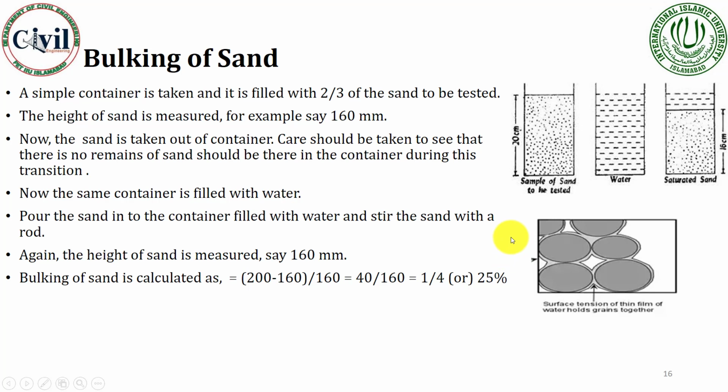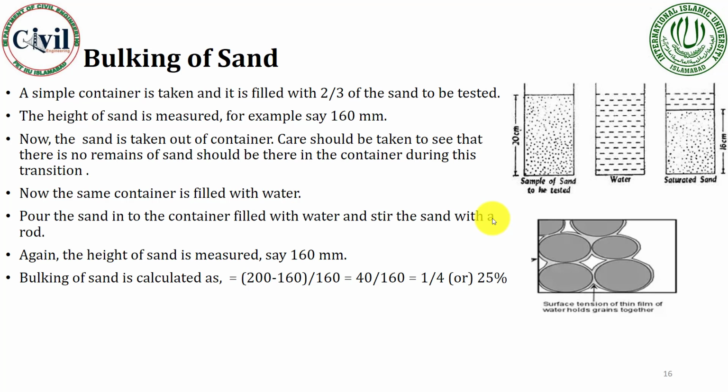The other procedure is that you first oven dry the sand, and then add different proportions of known water to it, and record its volume. For example, you have oven-dried sand in a container, and then you add 4% water by mass, and allow it for 30 minutes so that it can absorb the water.